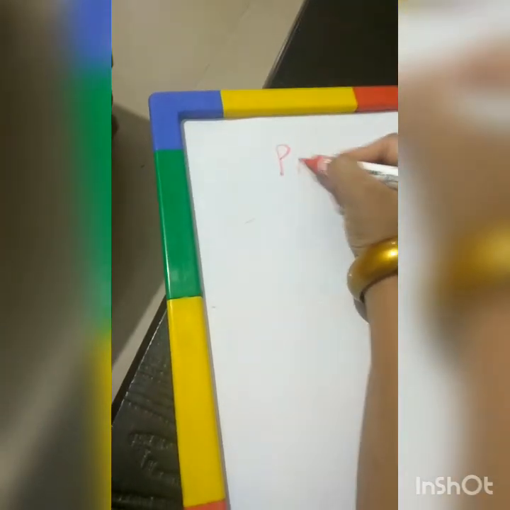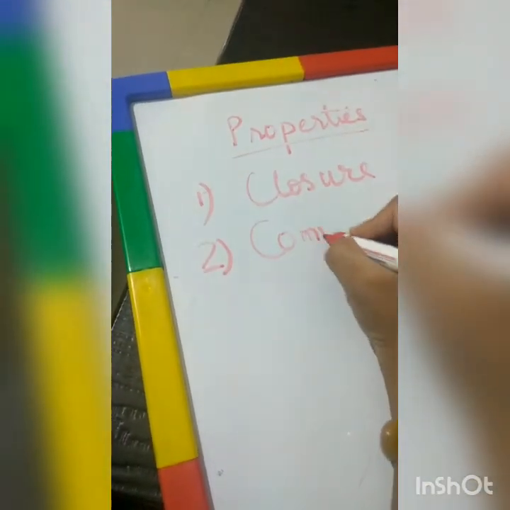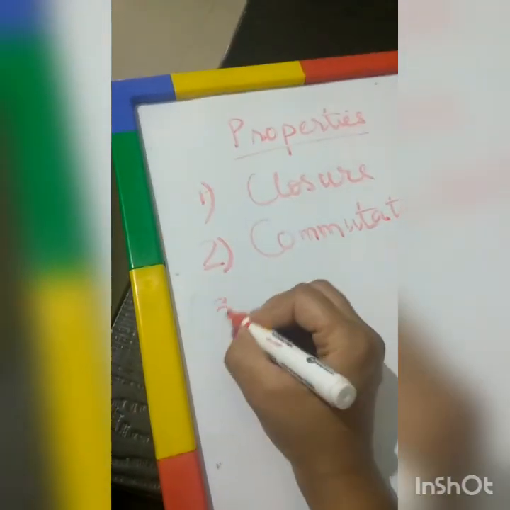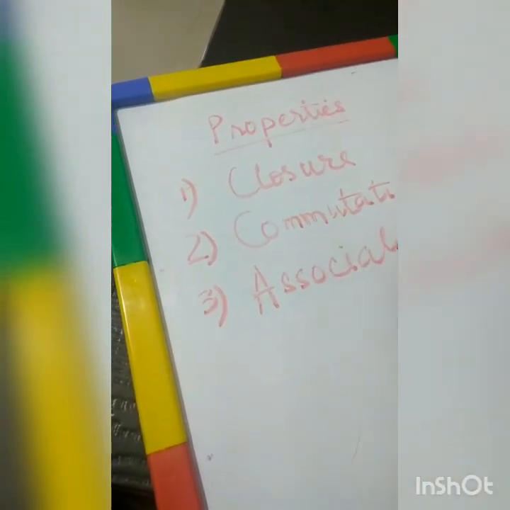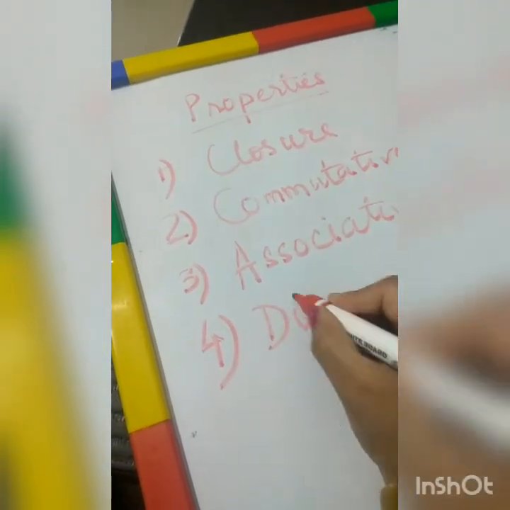Now, I shall sum up all the properties that we have studied in general form. So, the properties of whole numbers: first was the closure property, second was the commutative property, third was the associative property, and fourth we have studied the distributive property.